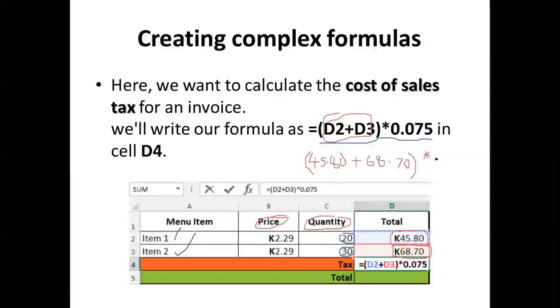So the percentage is 0.075. That is the percentage that we're going to have. Now, this is the amount of the tax that we are trying to charge.